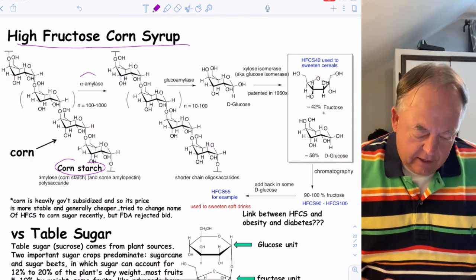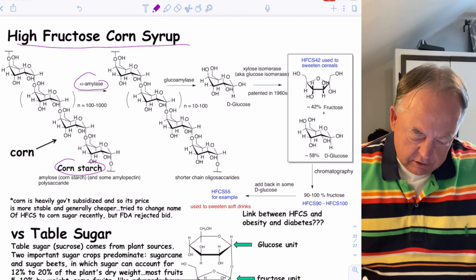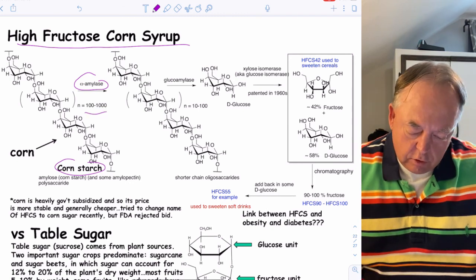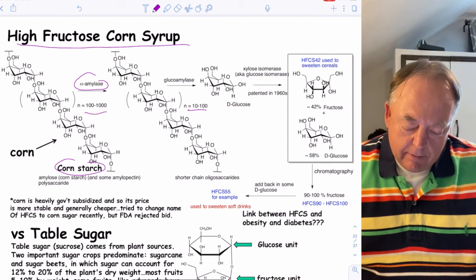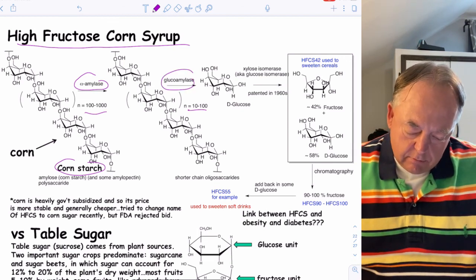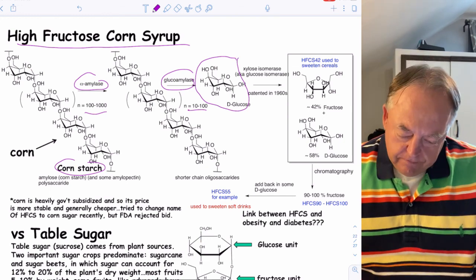And alpha amylase will cleave this up into smaller chunks. So now we just have, instead of hundreds to thousands of glucose, tens to hundreds of glucose, and then that can get further metabolized by glucoamylase to break this polymer down into just glucose molecules.